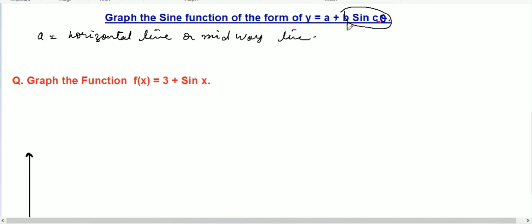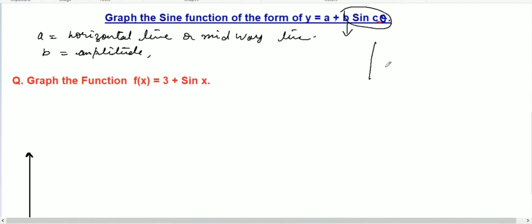And what does this b mean? This b is the amplitude of the graph, or you can say this is the distance above or below the midway line.